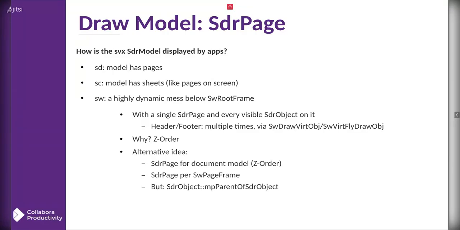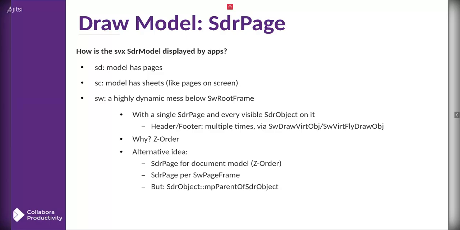And why do we need a single SDR page for Writer? Because all of the drawing objects have a Z order. That means if any two objects would overlap anywhere, then you need to know in which order do you paint them. So one of them has to be on top of the other, and this has to be consistent.